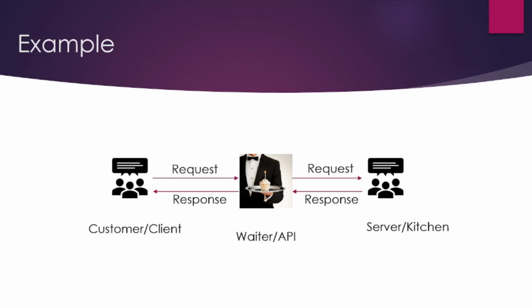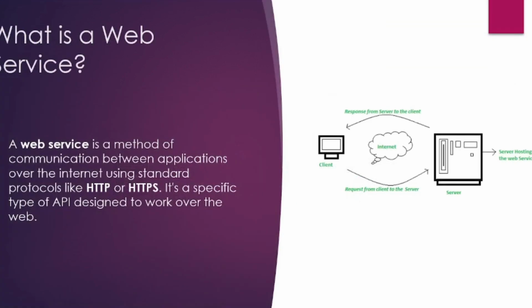So next comes the web service. So what is a web service? A web service is a specific API designed to work over the web. A web service is a method of communication between applications over the internet using standard protocols like HTTP or HTTPS.